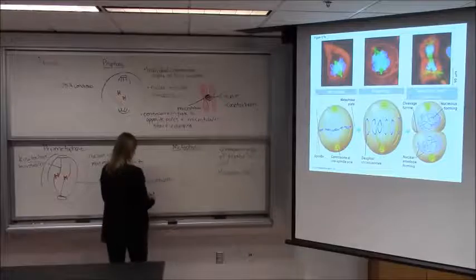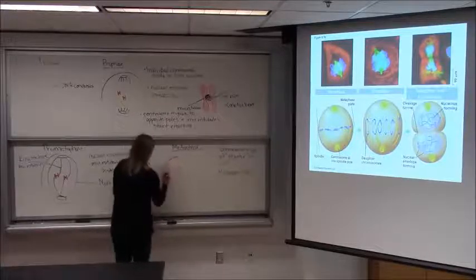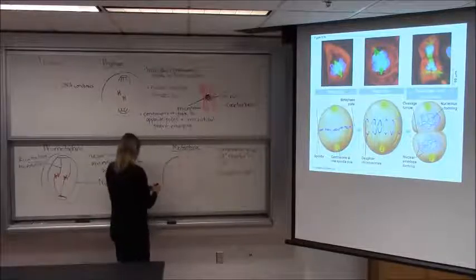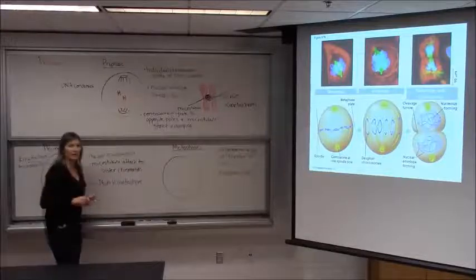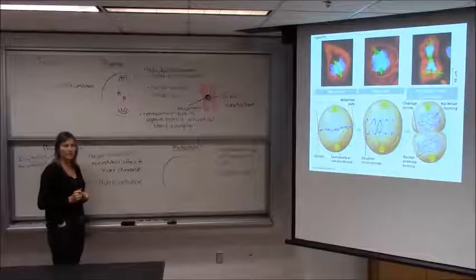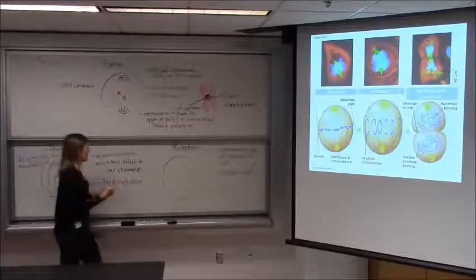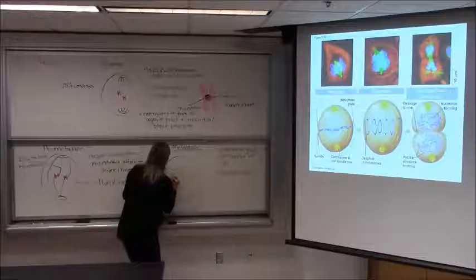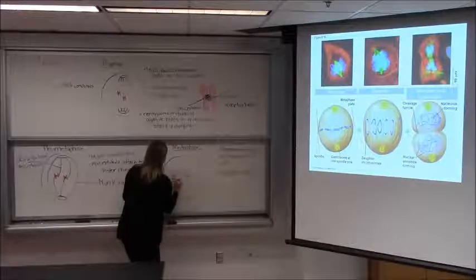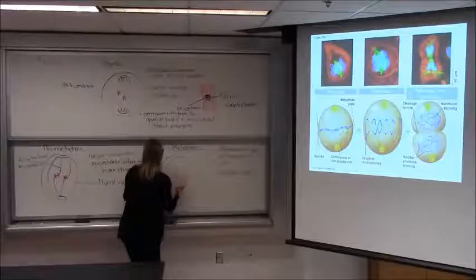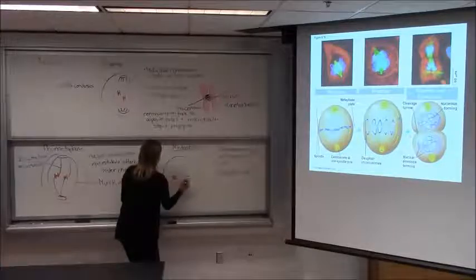So I'm just going to draw that really fast. Here's our cell, no nuclear envelope. By the way, why do you think that nuclear envelope needs to break down? It needs to break down because those microtubules need to get in there to connect to the sister chromatids. So now we have the sister chromatids aligned in a very specific way. Each sister chromatid is facing an opposite pole because they've been pulled.